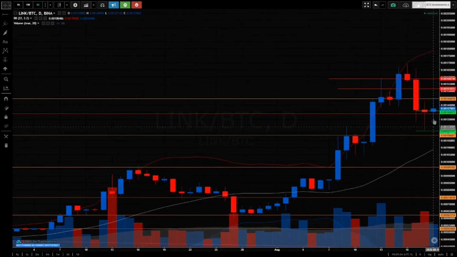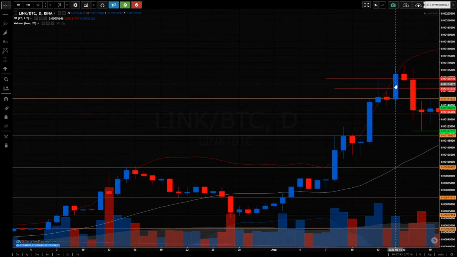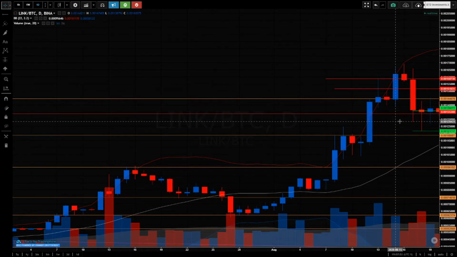And so these green lines now, because price has been so strong and it's making wicks here, are now an ideal zone for what I'm calling the re-enter recommendation. So if you took profits here at 1.55, sorry, 0.00155, you're hopefully getting back in somewhere about 1.3.